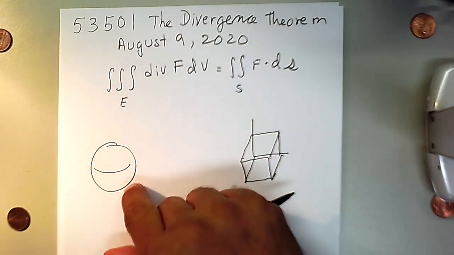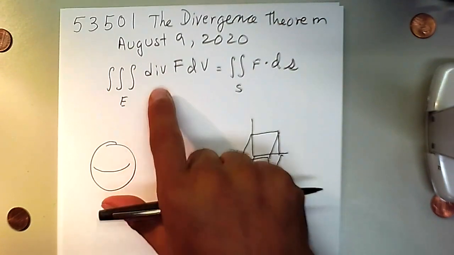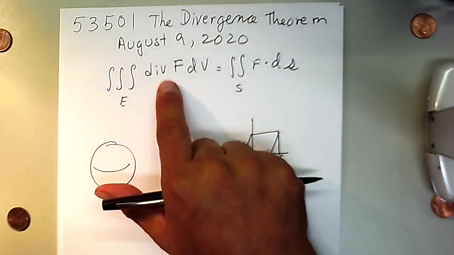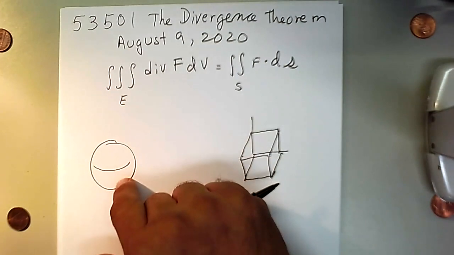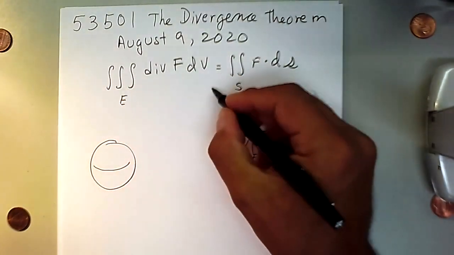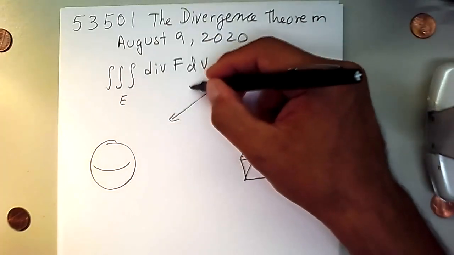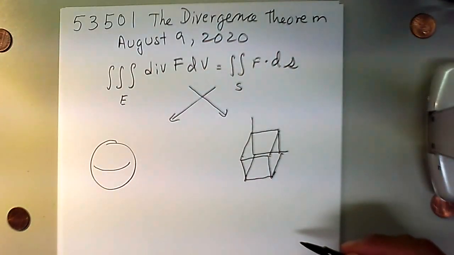So from this perspective, that would be easier, I believe, than doing the divergence. Yeah, the divergence could be more complicated, doing the triple integral in this case versus this case. No, I misspoke. This would be easier, I think, in general, but not all the time. And this would be easier. There we go. That's what I wanted to say.